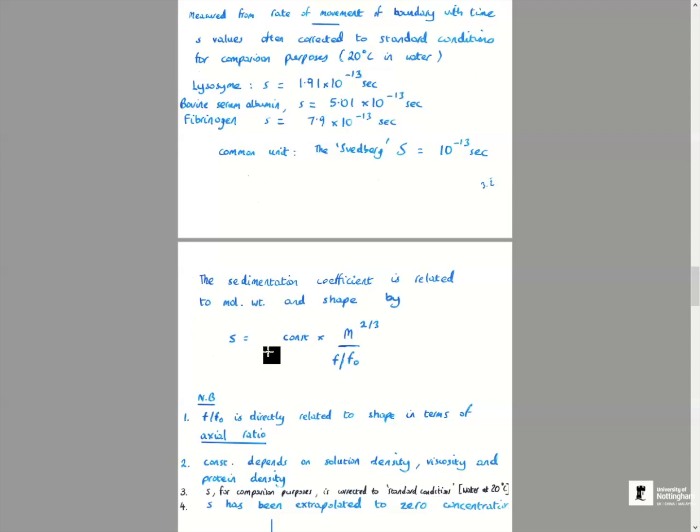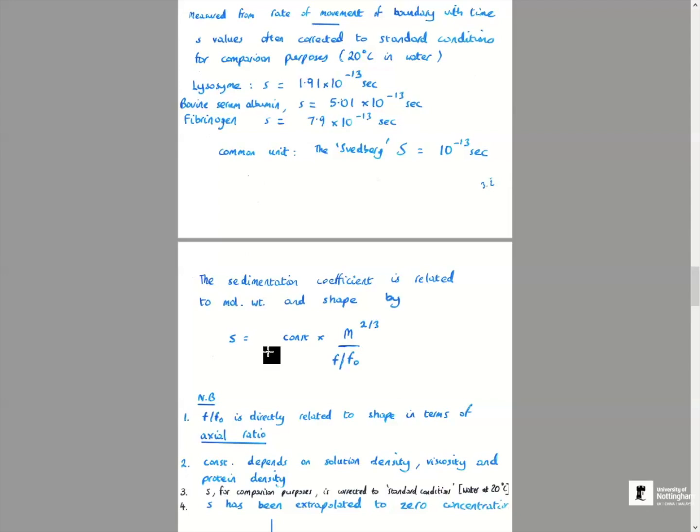And we find that the frictional ratio, F over F naught, equals 1 for a spherical unhydrated protein or unhydrated macromolecule. So if you've got a spherical particle which has no hydration, no water attached to it, then you get a value of 1.